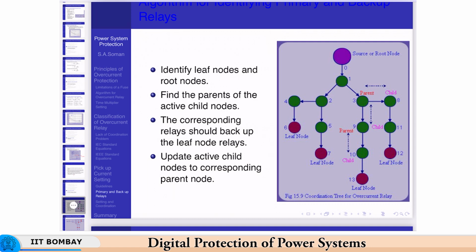This is sometimes a bit complicated, because once 6 is set, you can set 4, but you cannot set 2 after 4 directly, because you have to set 5 and then set 2. In this case also, 3 is the parent of 8 and 9. So once 12 is set, then 11 will be set, then 8 will be set, but then you have to wait for one more till 9 is also set, till you set 3.